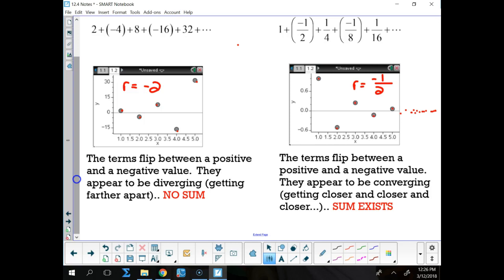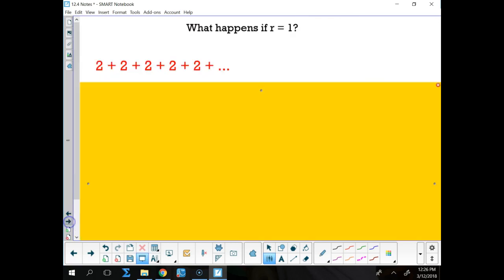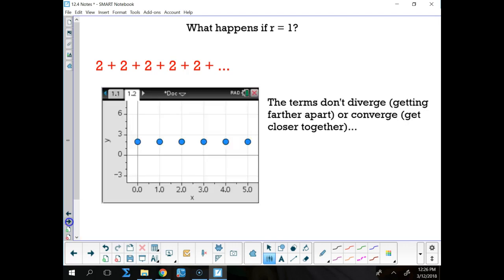What's my other possible value? Positive numbers, negative numbers, or what if R is 1? Then what happens? It doesn't diverge and it doesn't converge, right? It just stays constant. Can I have a sum of this one?